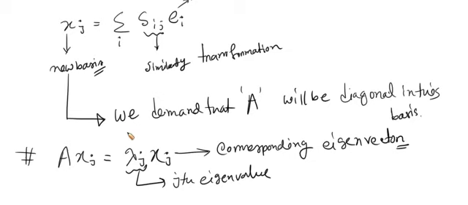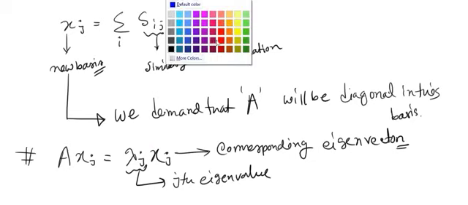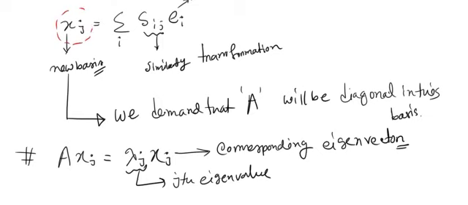And we really want to see whether taking x_j, that is the new basis over here, which is the eigenbasis, will transform A into a diagonal form.